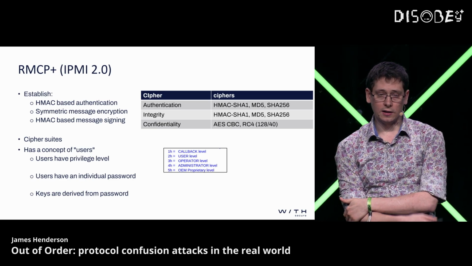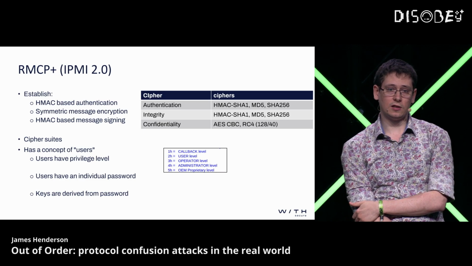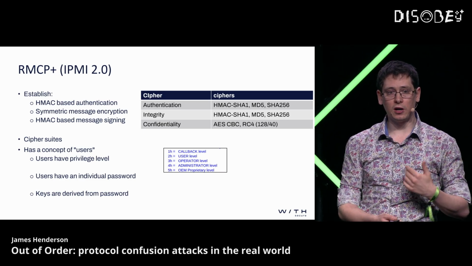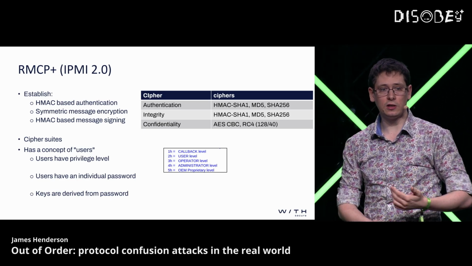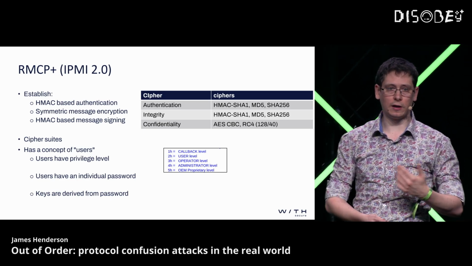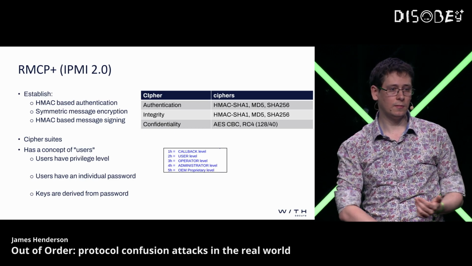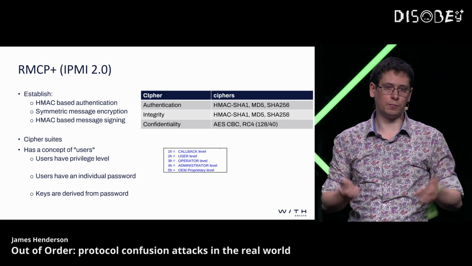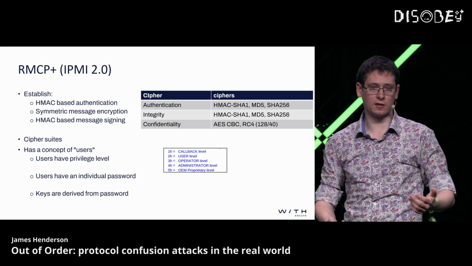Also crucially, as we'll go on to see when we discuss exploitation, it has this concept of users. So IPMI can support different users, and each of these users can have a different level of privilege. There's a little table there, but effectively you can be a low privilege user, and a low privilege user might be able to read the temperature or read the fan speed, so consume sensor data.